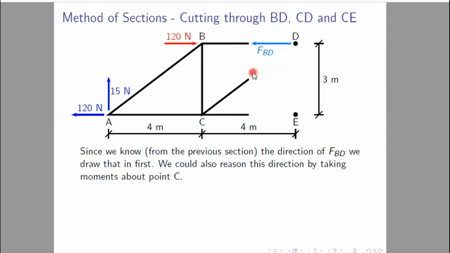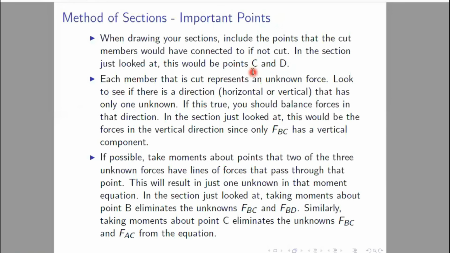And this one is very important: each member that is cut represents an unknown force. So when you are cutting a section, you must represent that unknown force by giving some member forces. If you forget to mention the member forces, your configuration will be wrong.